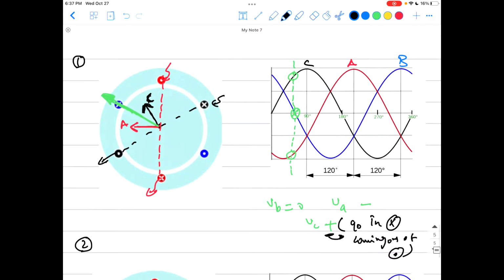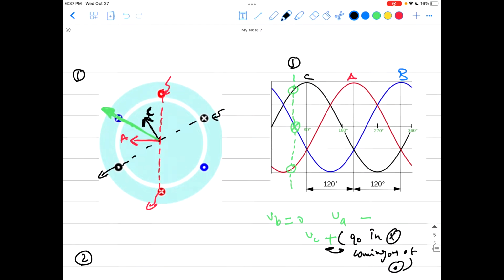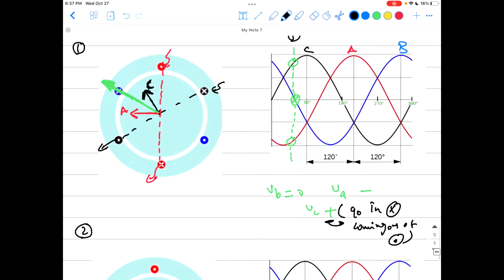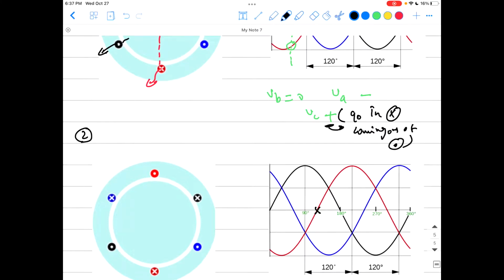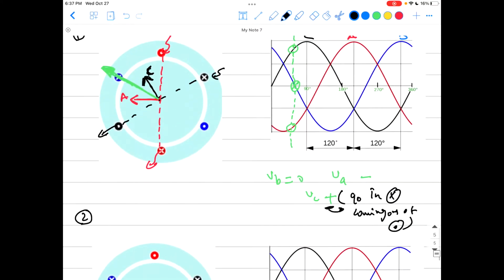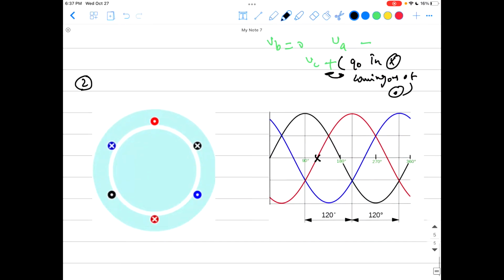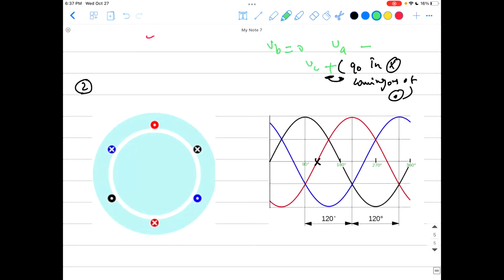So that was the first instant of time we took. Let's take another instant of time. After this, I will take this here, again at a zero crossing. So this is my point 2 here, and I will go here to look at the second time, okay? That is instant number 2, okay?